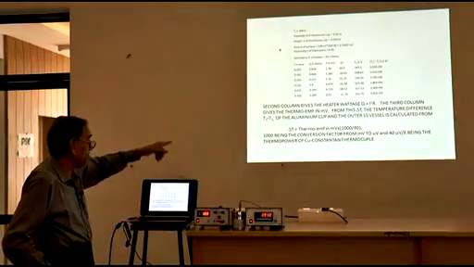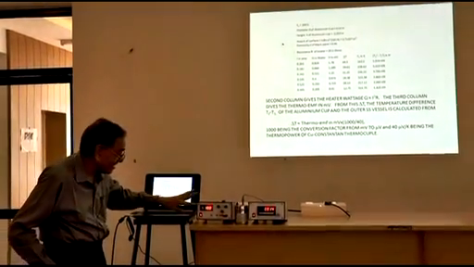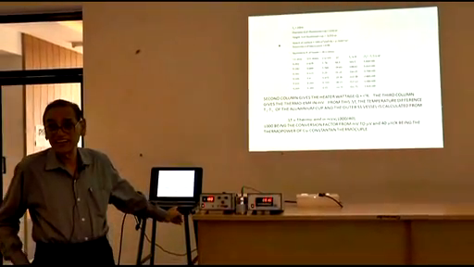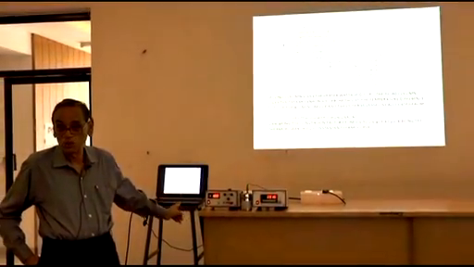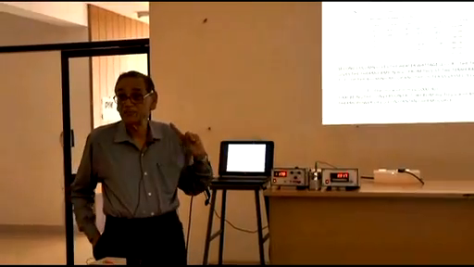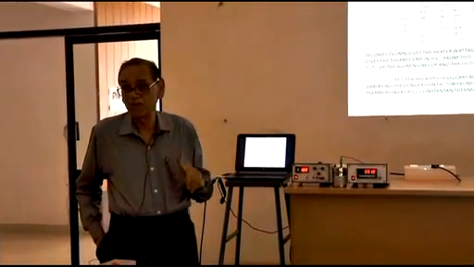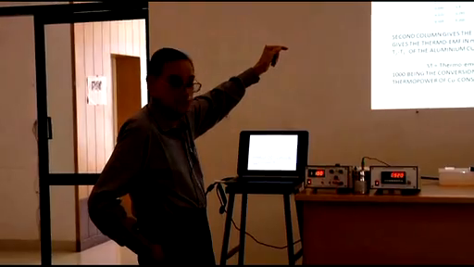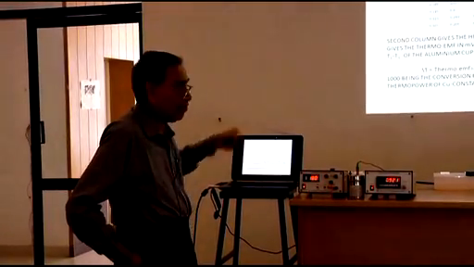The first column of the table gives the current in amperes. What you are measuring is in milliamperes. 180 milliamperes is 0.18 amperes. So you have current 0.203, 0.182 in the first column.